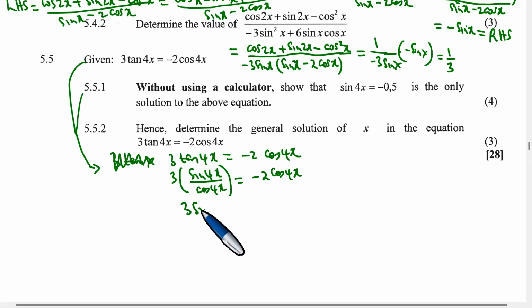Which is 3, the sine of 4x, which is minus 2 cosine squared of 4x.